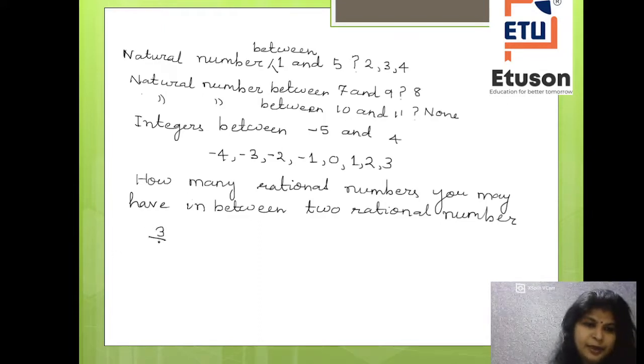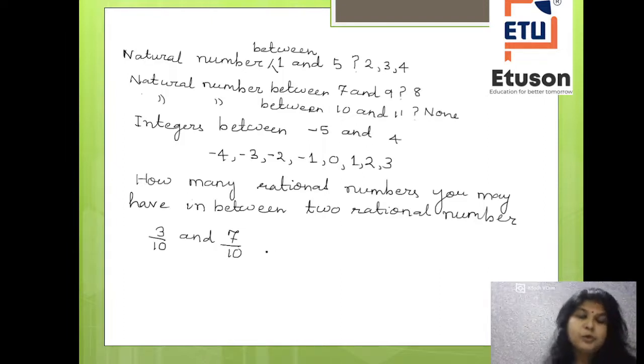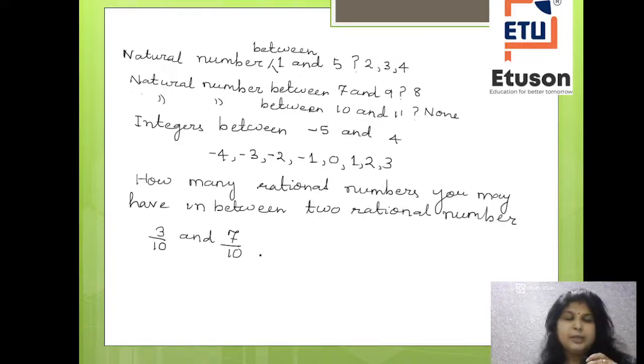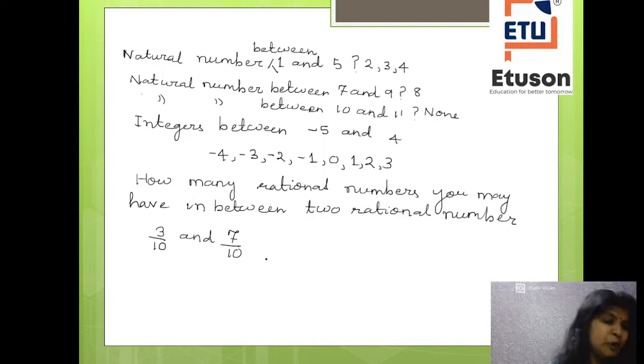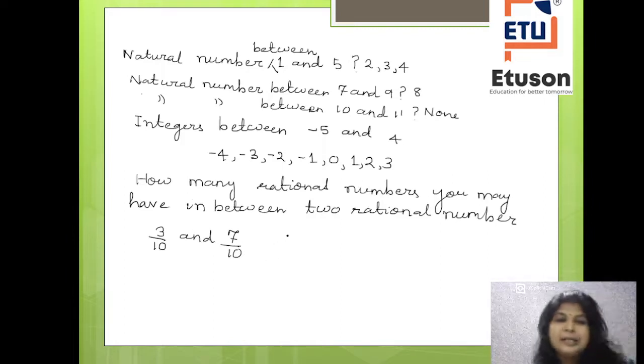Suppose I want to find out the rational numbers between 3 by 10 and 7 by 10. You can clearly see that the denominator is the same. So you might be thinking in this way, like on the number line, if it is in between 3 and 7, then definitely you will take the next sequence of numbers 4, 5, 6, with the common denominator 10.